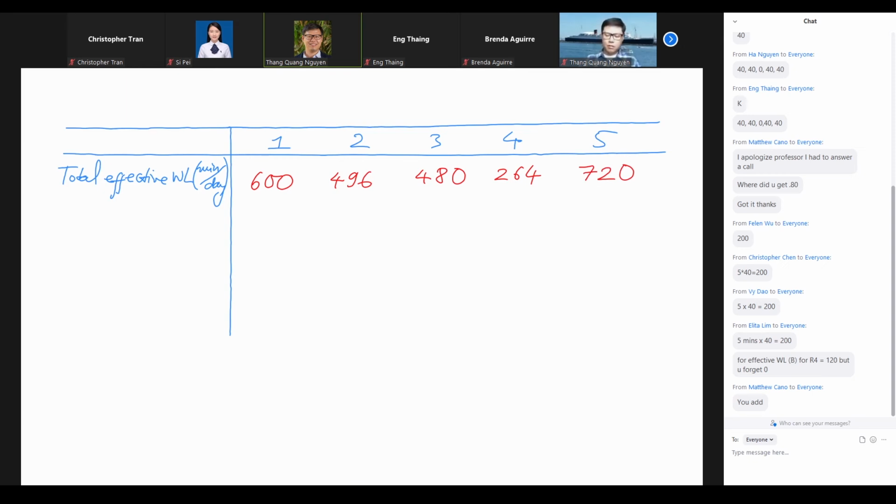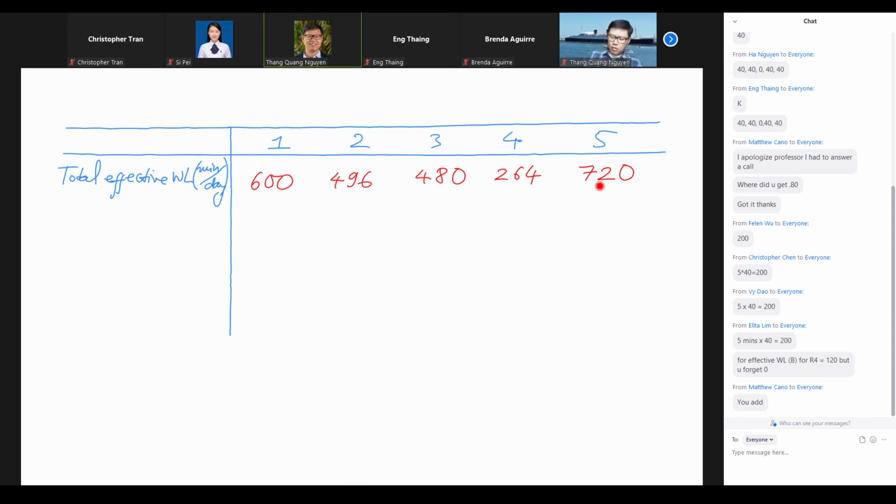We just add them together. Okay, so after we add this, we now know that in one day the workers at station 1, no matter how many workers, it doesn't matter, would have to work for 600 minutes per day. The workers at station 2 would have to work for 496 per day. And then 3, and then 4, and then 5, right?